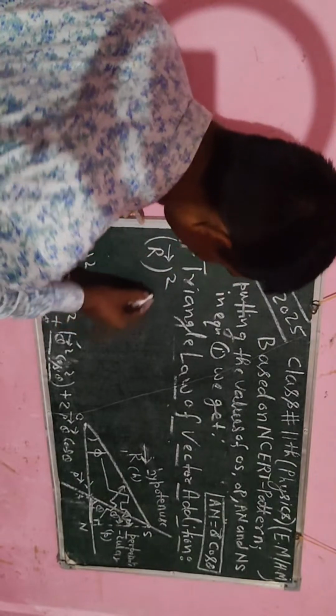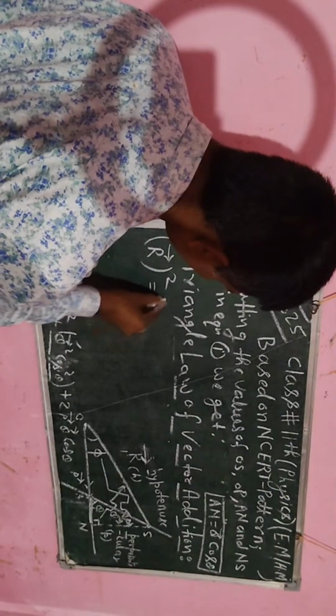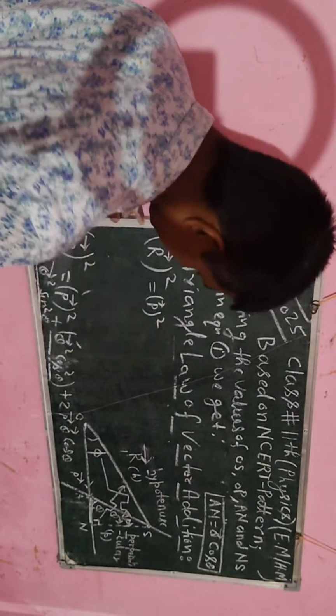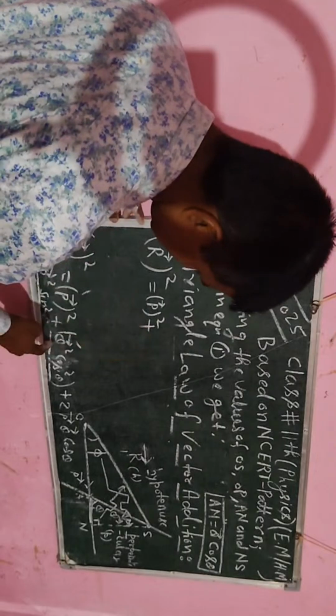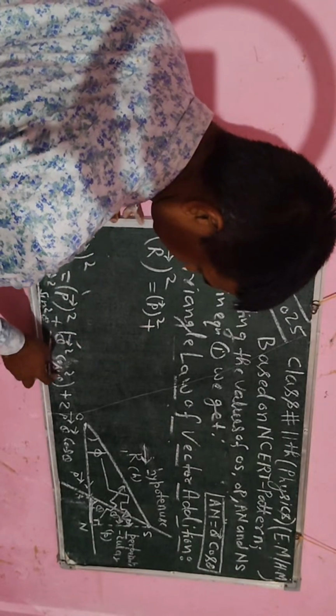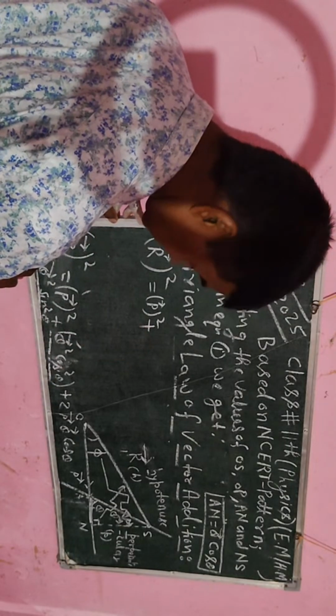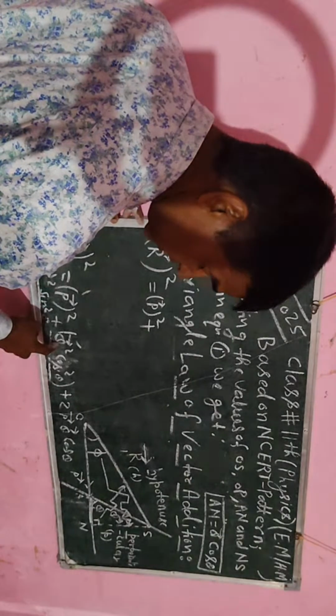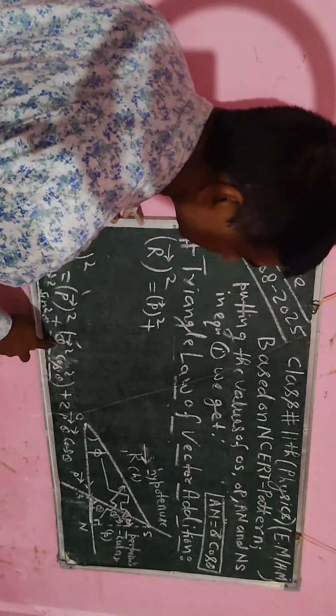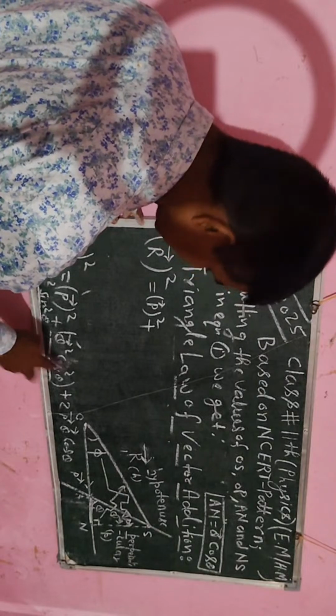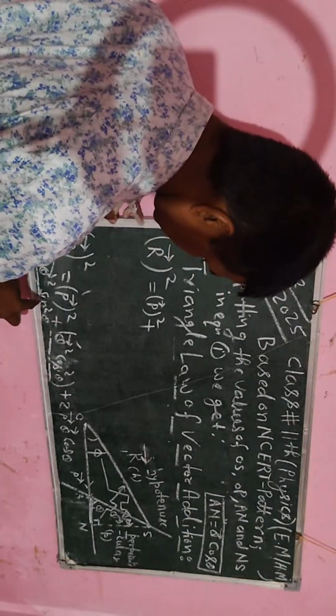So here I will write vector P square. In these two terms, cos square theta plus sin square theta, that is vector Q square into cos square theta and Q square into sin square theta.